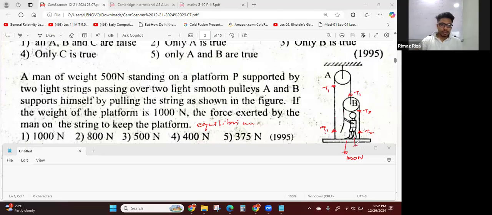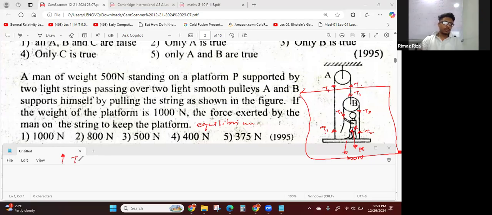So here the normal reaction force, I'll mark R, and then here the normal reaction force R, and this here T2. Okay, so here what I'm going to do is I consider this system and consider the force equilibrium. I consider this entire system, which I have marked in this square. So what we have vertically upward is T1 and T1.